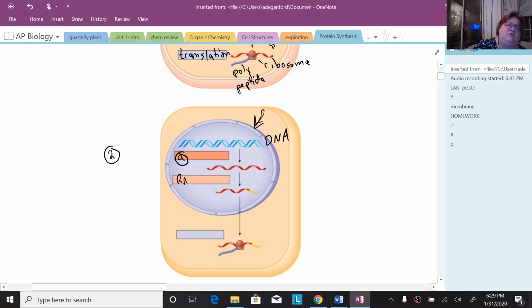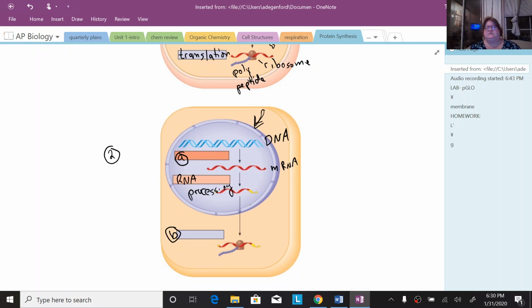This is our RNA processing. And the RNA processing involves modifying the mRNA strand. And then I'm going to label down here. And you should be able to tell me what is that step from DNA to mRNA. And then you should be able to tell me the step from mRNA to a polypeptide.